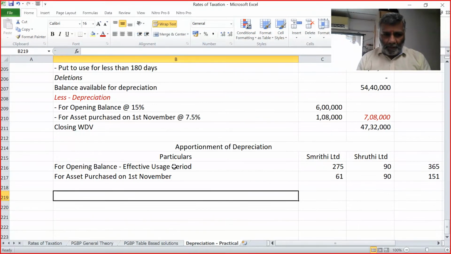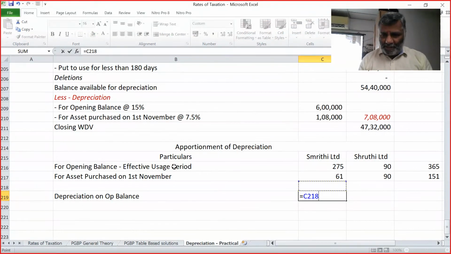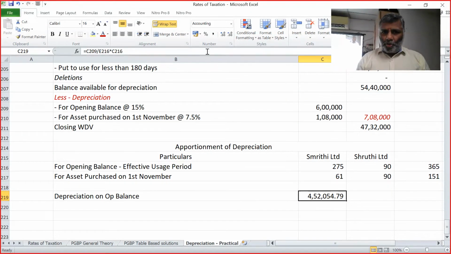So, depreciation on opening balance will be distributed: 6 lakhs divided by 365 into 275.